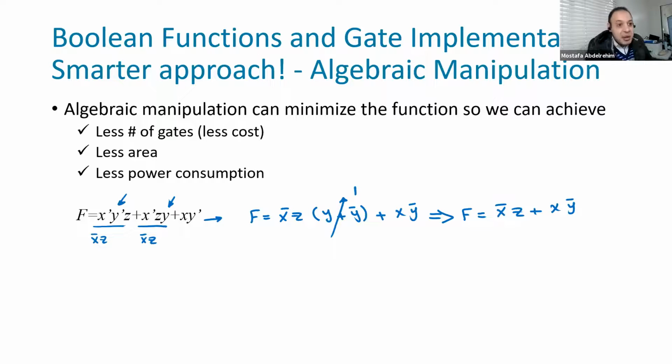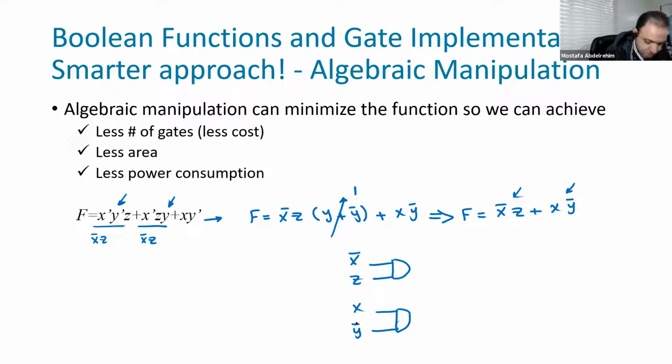Okay, so let's implement this. So basically you need two AND gates. The first one has x bar and z. The second one has x and y bar. Then you OR them together.